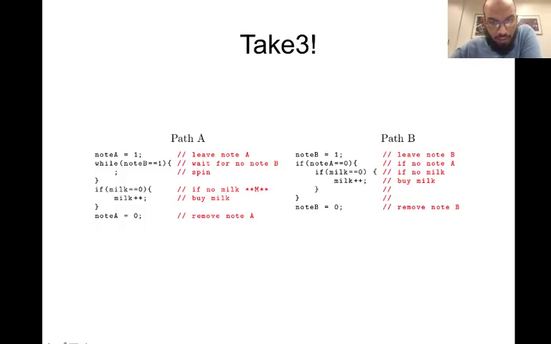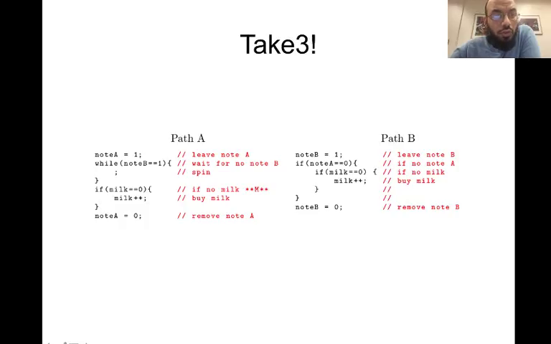So while you're spinning, you release the processor. So again, path B gets scheduled, and now it asks the question, if node A is equal to 0, is it? No, it's not, because I just set it to 1. So it will skip the if statement and it will just set node B to 0. So now, since node B is 0, once path A gets rescheduled, is node B equal to 1? No, it's not.